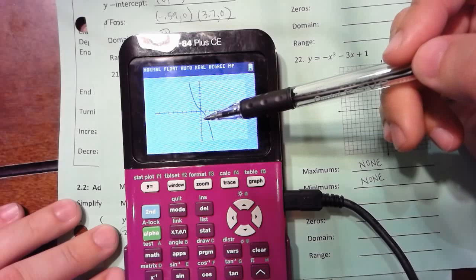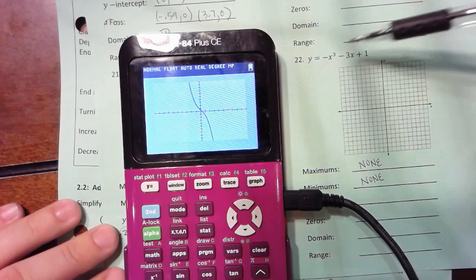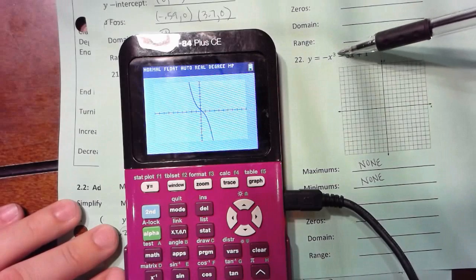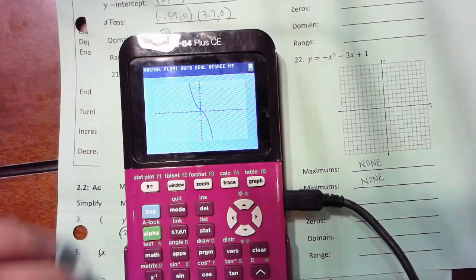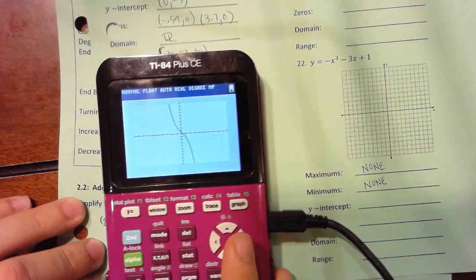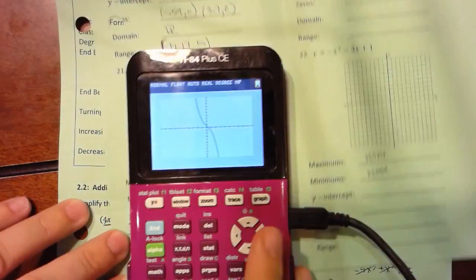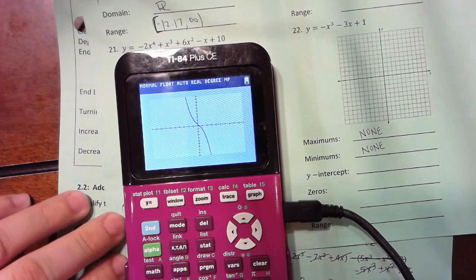It only crosses one time, which means if I have 3 solutions, one of them is real because it crosses once. The other 2 are imaginary, and in a couple weeks we will figure out how to find those. I'm really excited about it.